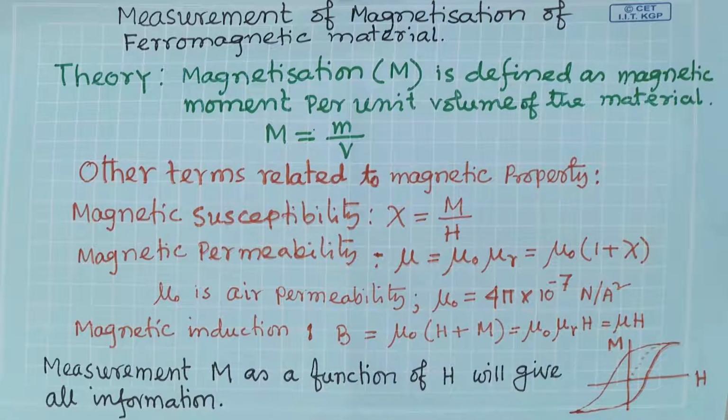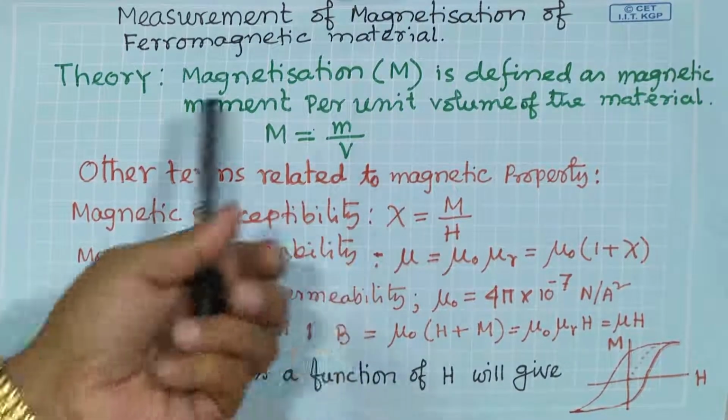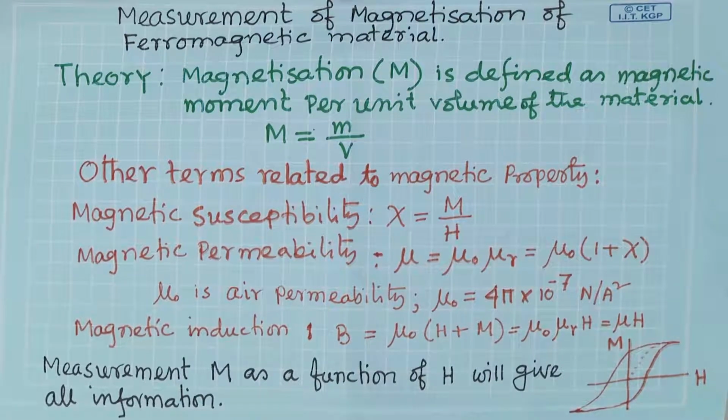The purpose is to know the magnetic property of this ferromagnetic material, and this is a very famous hysteresis loop. If it is a ferromagnetic material, we should get the hysteresis loop.